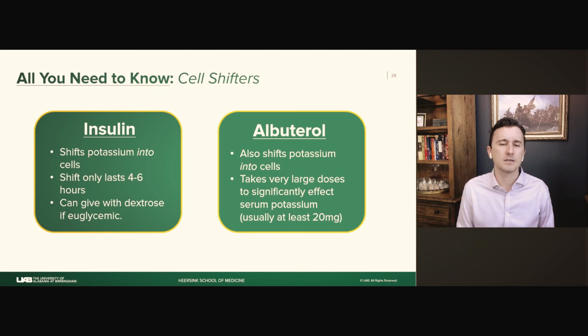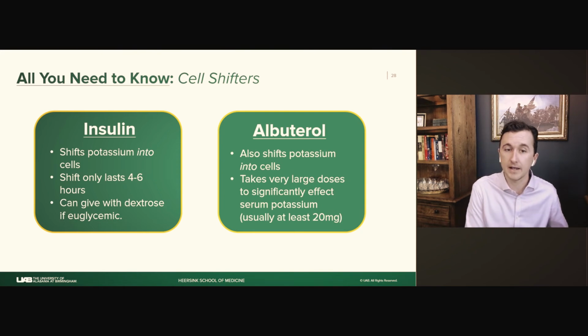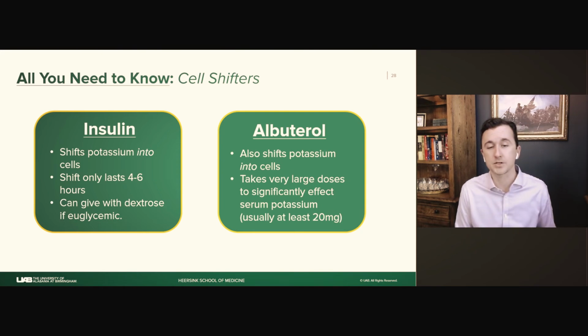And the thing to know about albuterol is that it takes very large doses to have a measurable effect on serum potassium, typically up to 20 milligrams of albuterol. Just for some context, when we order an albuterol neb for our respiratory patients, there's only 2.5 milligrams of albuterol in those nebulizers, so a much larger dose than what you typically administer.